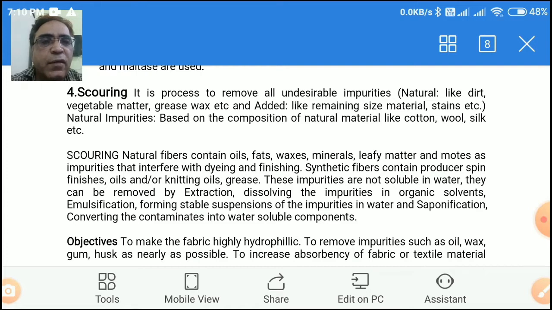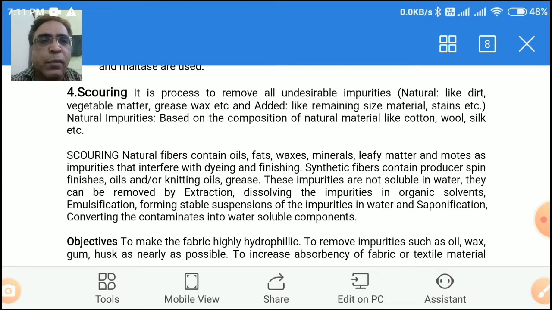And after that, for the cleaning of the surface of the fabric, we also discussed another process, which is called the singeing process, in which the short fibers protruding from the surface of the fabric are removed by burning. And thereafter, in the next wet process, we discussed the process of desizing, in which size material, specifically starch, is removed.